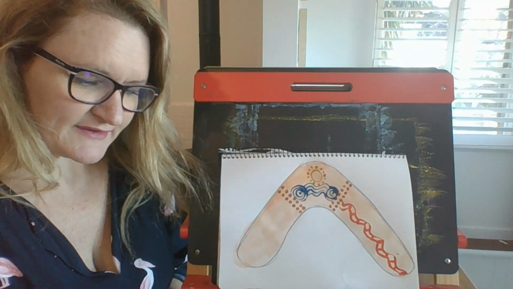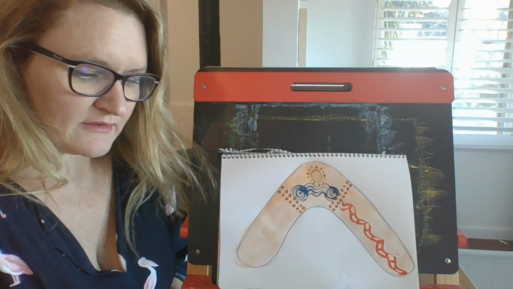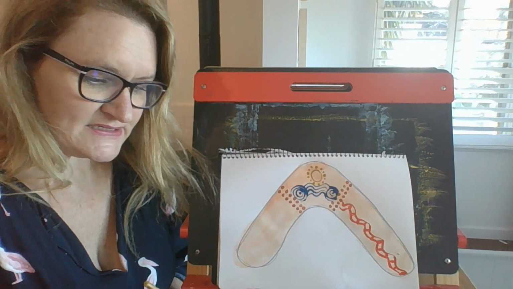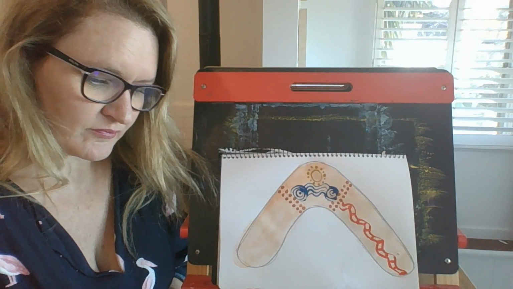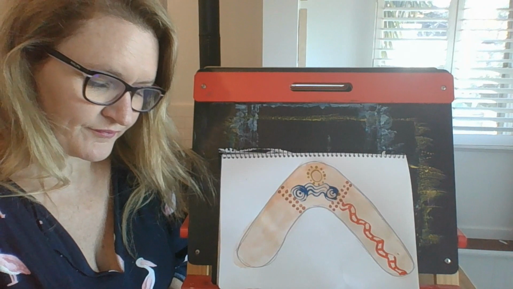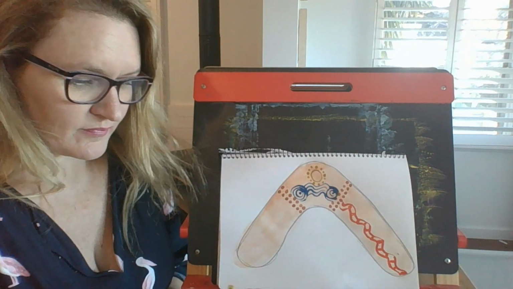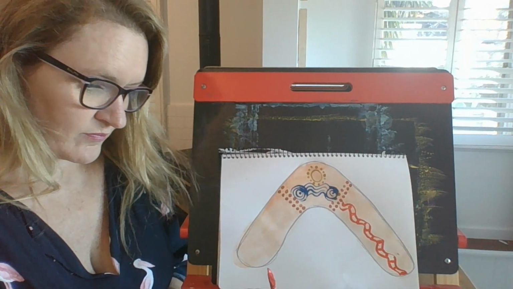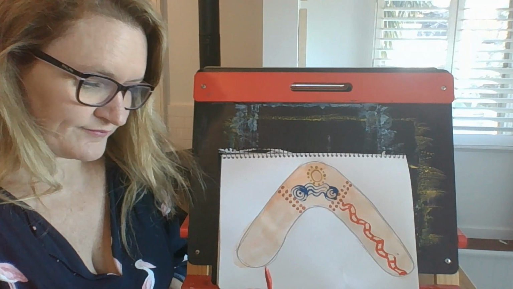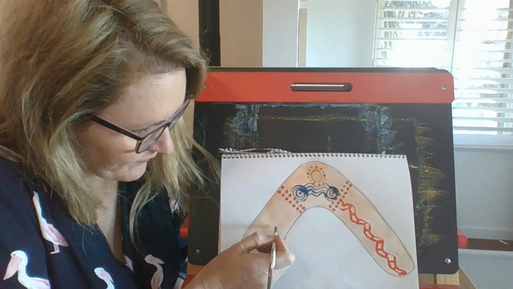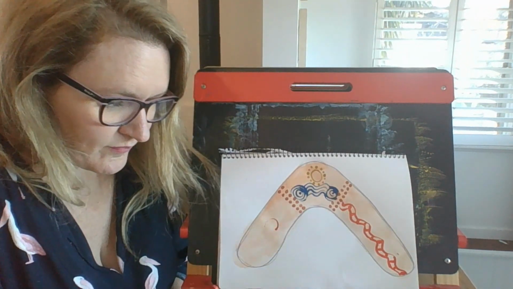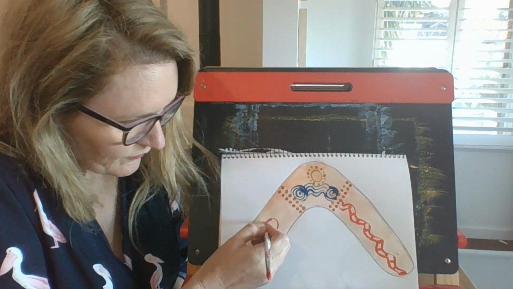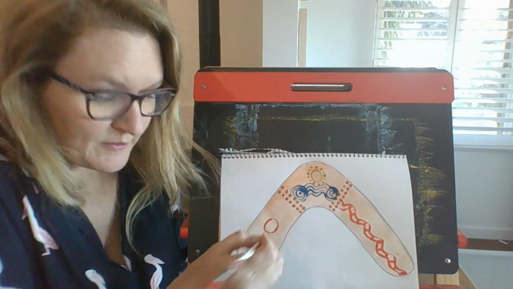Next part, I'm mixing orange and red to get a bit more of a red colour for the meeting place. Actually, this one was people sitting.